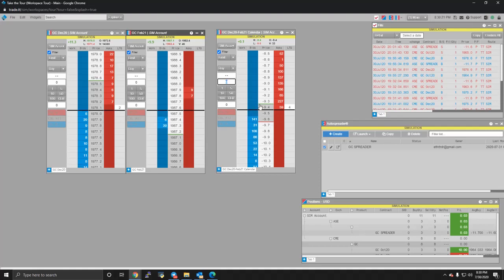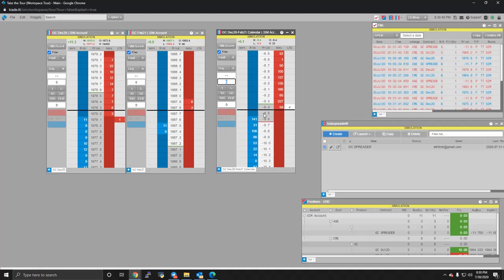If you are offering the listed calendar spread market at minus 9.4, you are looking to sell the gold DEC 2020 outright market at a discount to the gold February 2021 outright market at a price of minus $9.40 per contract. So, pretty simple arithmetic to figure out how we're getting to these prices.